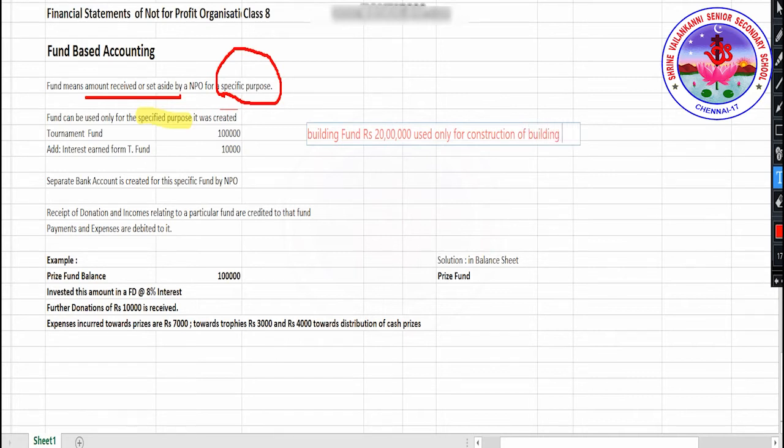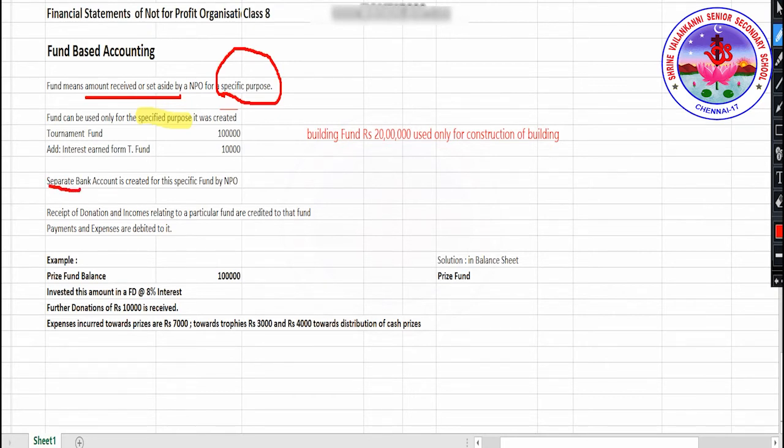You cannot use it for tournaments. Likewise, whatever the amount in the tournament fund, you cannot use it for construction of building. Any fund you have created for a specified purpose can be used only for that particular purpose. Now you need to pay attention, concentrate.